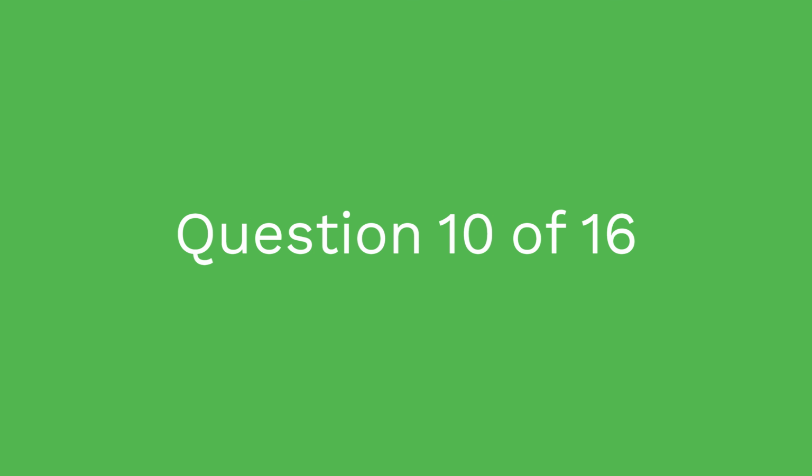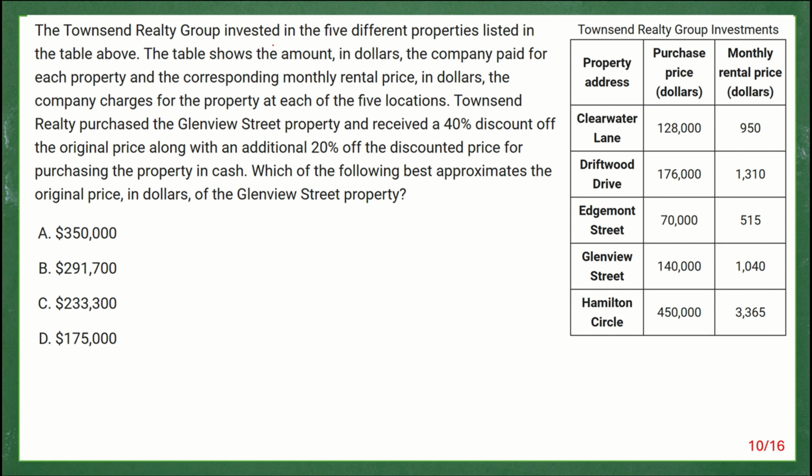Now for problem number 10, we are given that the Tansin Realty Group invested in 5 different properties listed in the table shown to the right. The table shows the amount in dollars the company paid for each property and the corresponding monthly rental price in dollars the company charges for the property at each of these 5 locations. Now, the Tansin Realty purchased the Glenview Street property, and we have the Glenview Street here, and received a 40% discount off the original price, along with an additional 20% off the discounted price for purchasing the property in cash.